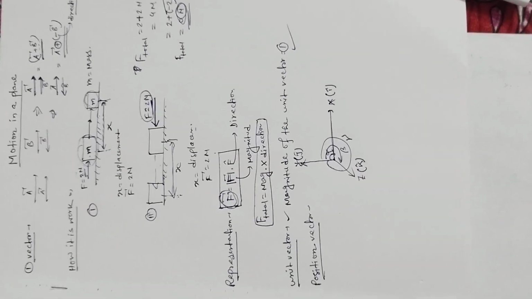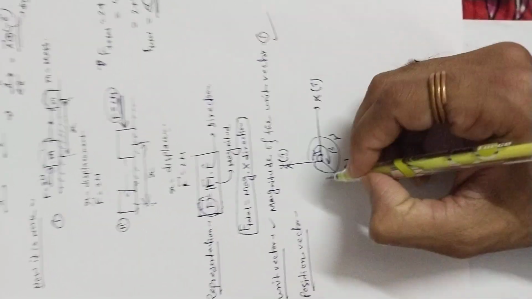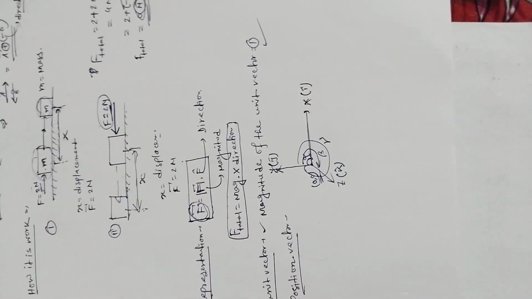So position vector, now we can see it is the coordinate point. The point of coordinates is 0 0.